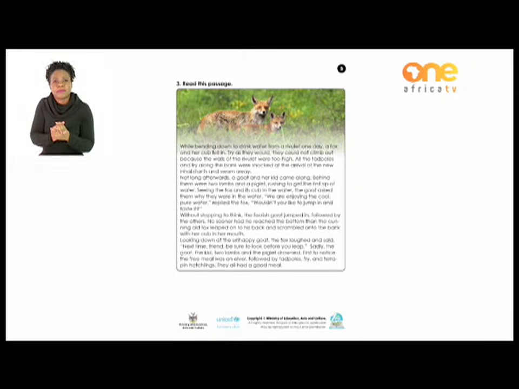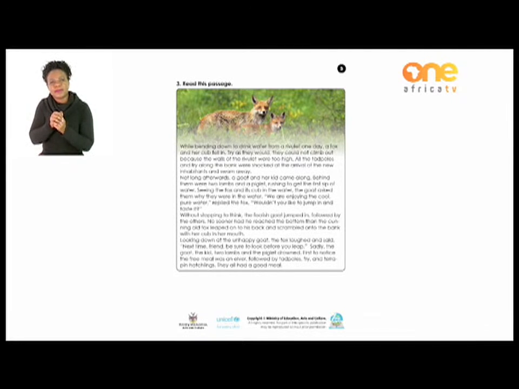Seeing the fox and its cub in the water, the goat asked them why they were in the water. "We are enjoying the cool, pure water," replied the fox. "Would you like to jump in and taste it?" Without stopping to think, the foolish goat jumped in, followed by the others. No sooner had he reached the bottom than the cunning old fox leaped onto his back and scrambled onto the bank with her cub in her mouth.